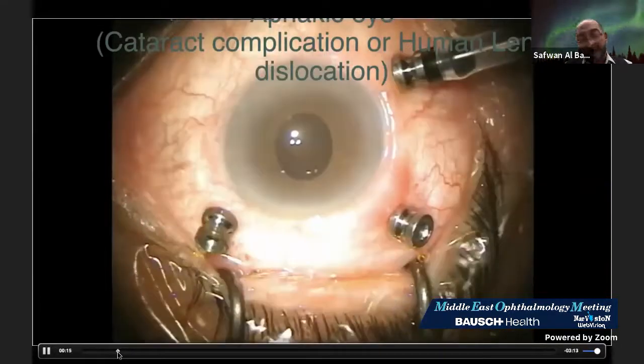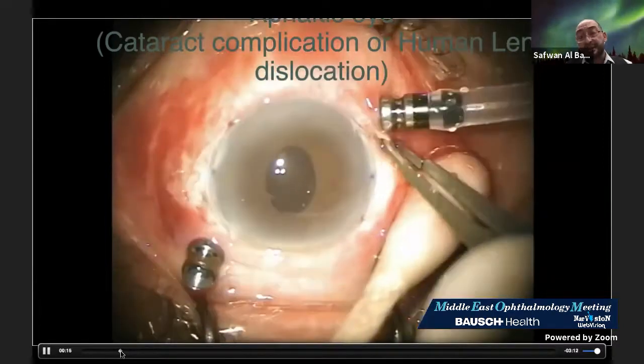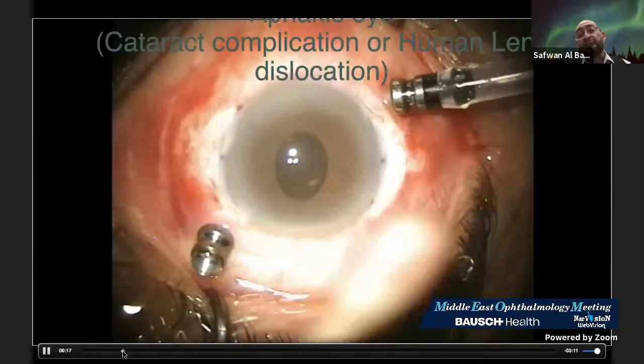When I passed the 3 trocars, the temporal one, the infusion, and the upper one, they were a little bit away from the other, leaving the area at 3 o'clock to be peritomized. So I did my peritomy and cauterized the landmark for 180, 3 and 9. It's very clear here on the cornea.